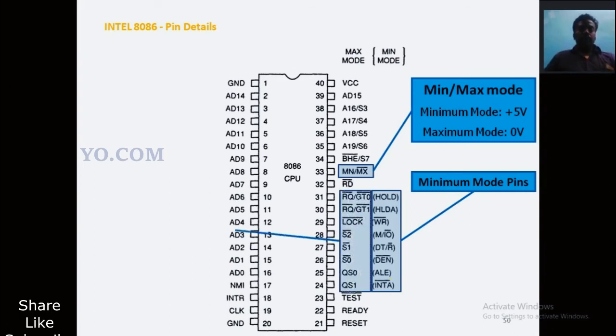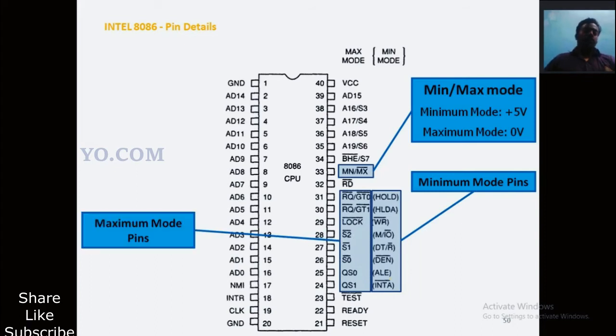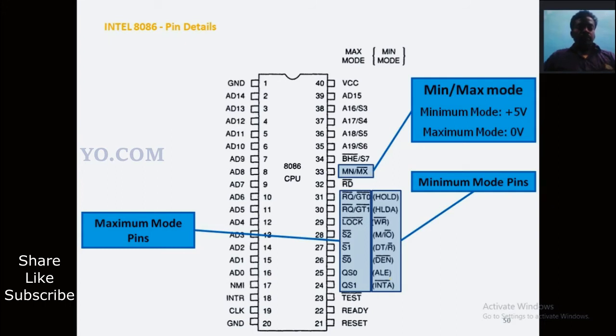The next ones are the maximum mode pins or maximum mode signals. Request and grant, RQ bar GT bar. RQ means request, GT means grant.